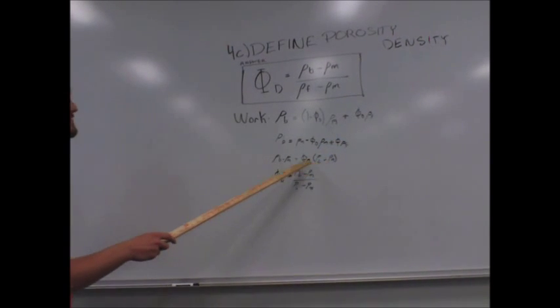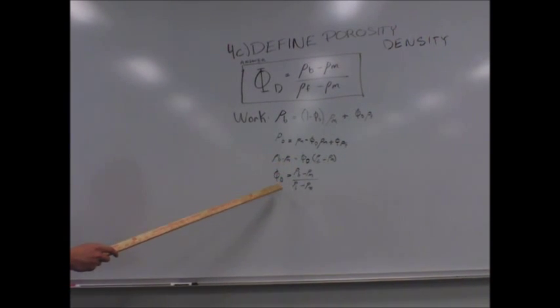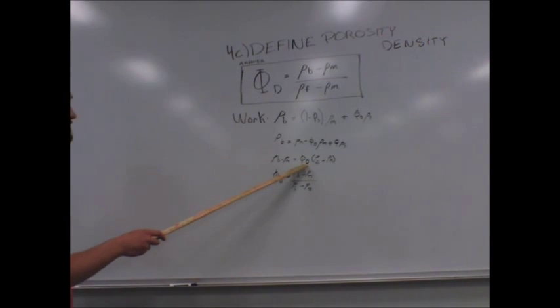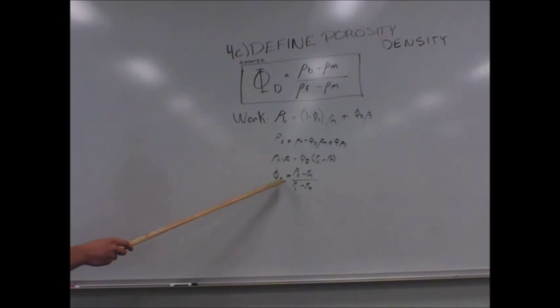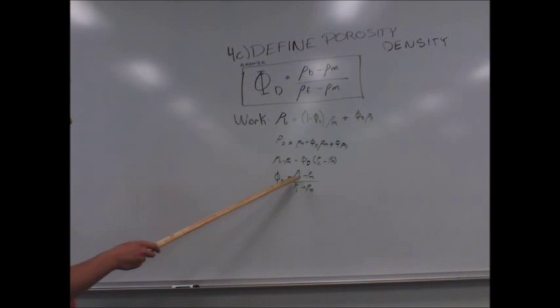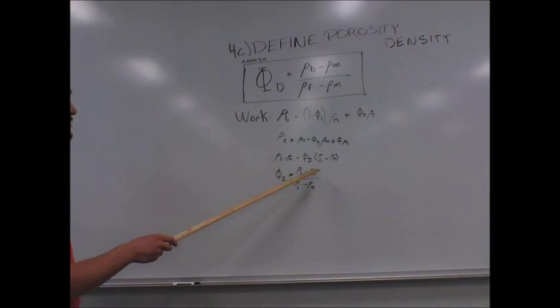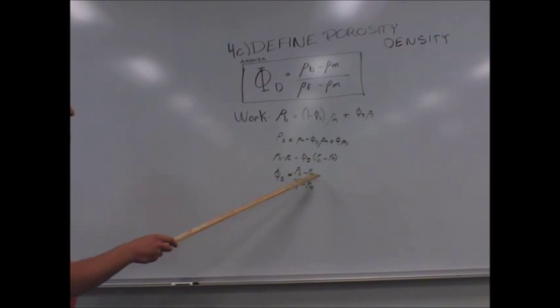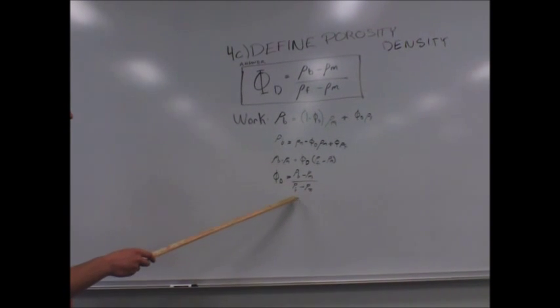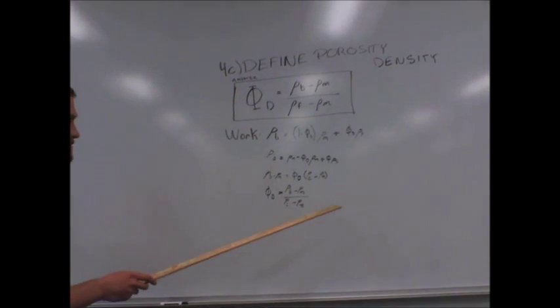We then factor it out and do some simple addition and subtraction, and then do a final division to get from this stage to this stage, where porosity is equal to bulk density subtracted from your density of your matrix, divided by fluid density subtracted from matrix density.